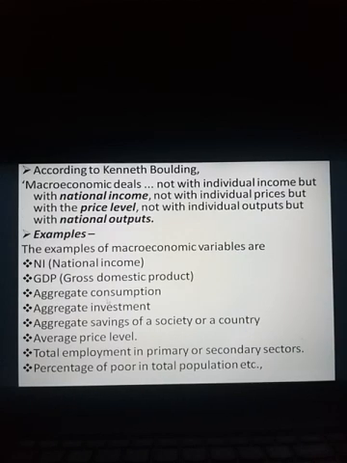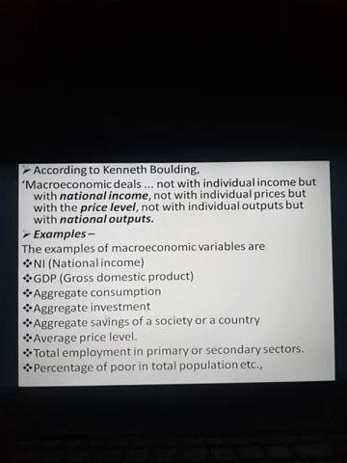Aggregate investment, the total investment done in the entire economy. Aggregate savings, the total savings of the entire society or a country. Or even aggregate price level, total employment in both primary and secondary sectors. Then the percentage of poor in the total population and so on.